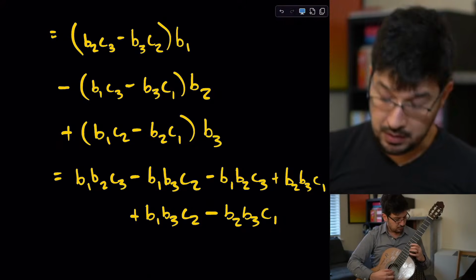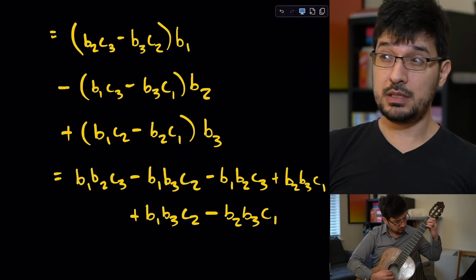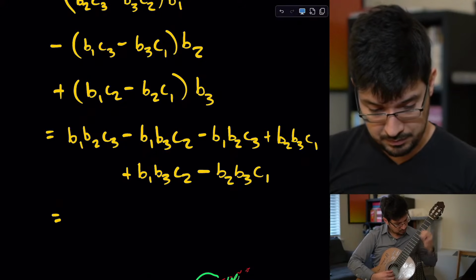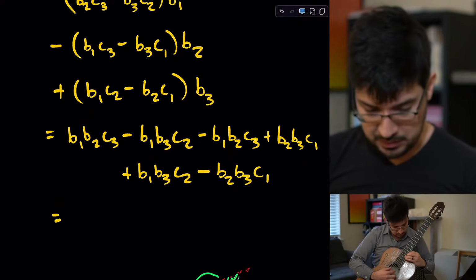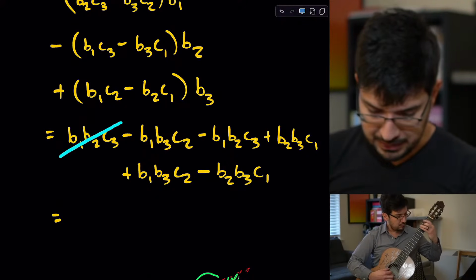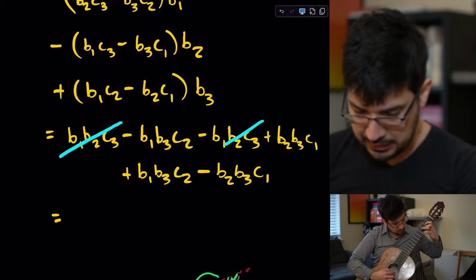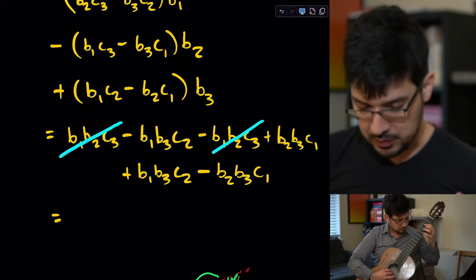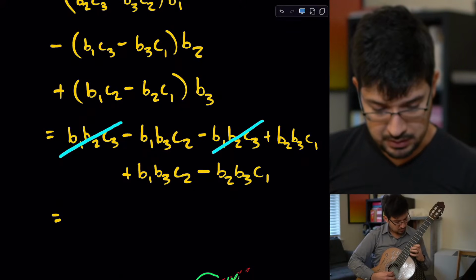Okay, so I'm pretty sure that I did all my distributions correctly there. But, you know, I make mistakes a lot. B1, B2, C3. B1, B2, C3 is positive and minus in those two terms, so they cancel out, right?